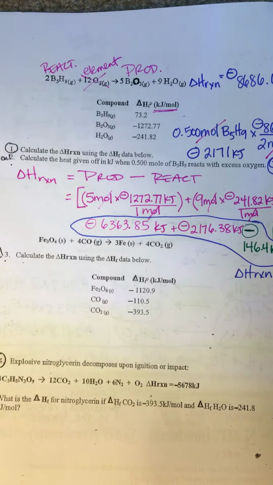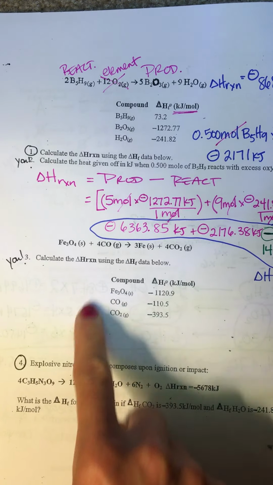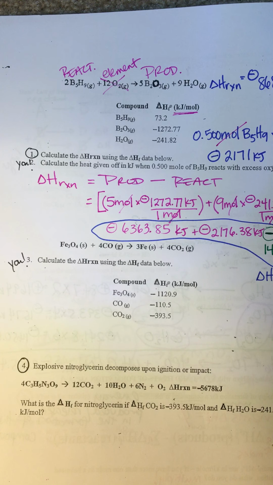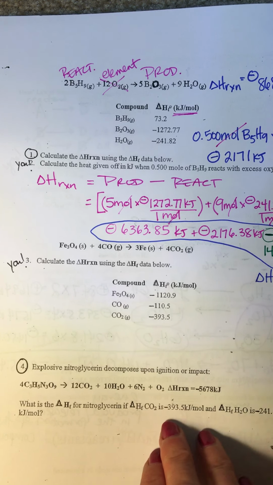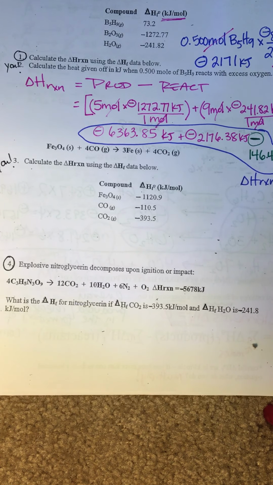Alrighty, so I want you guys to try this next one at home. Same way here, identify any elements that you might want to cross out so you can ignore them in your calculations. Make sure you know the difference between reactants and products. And then here is a special little one I'm going to leave for you to do as well.